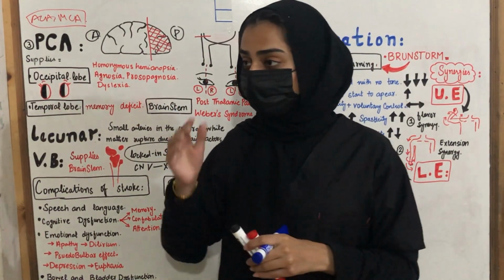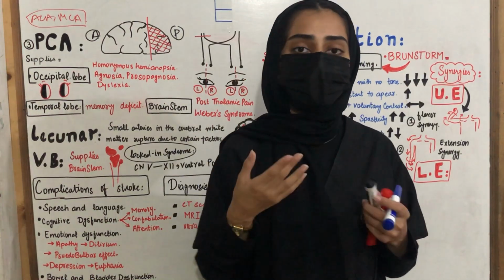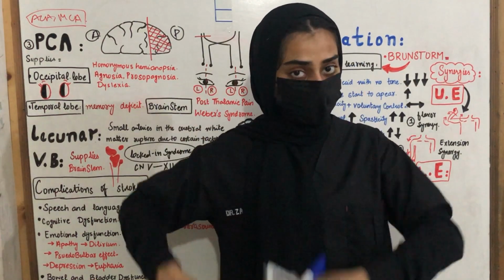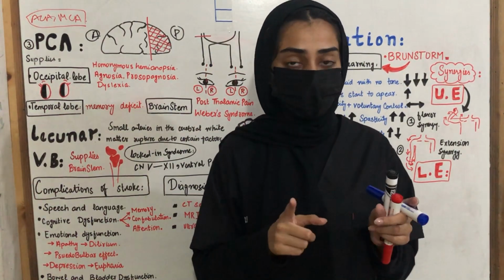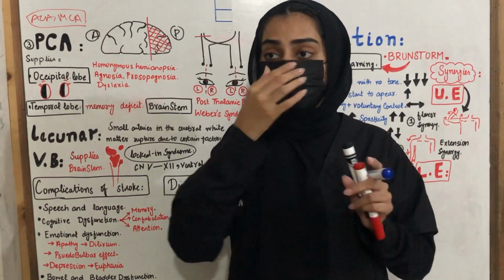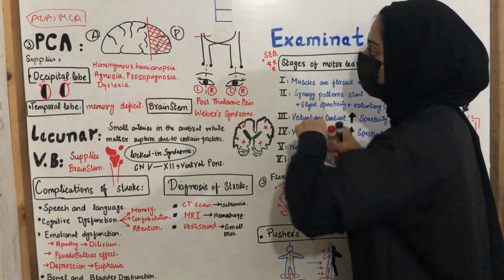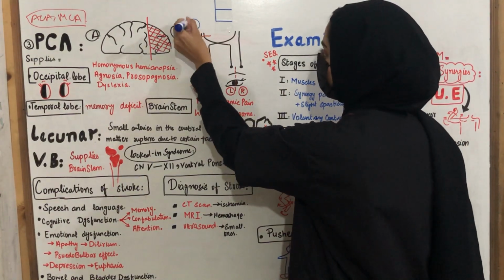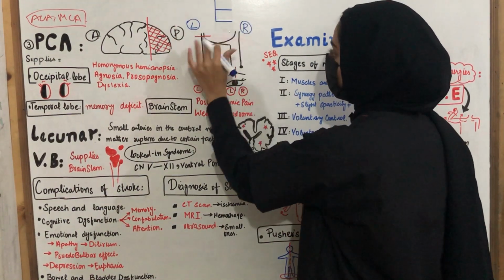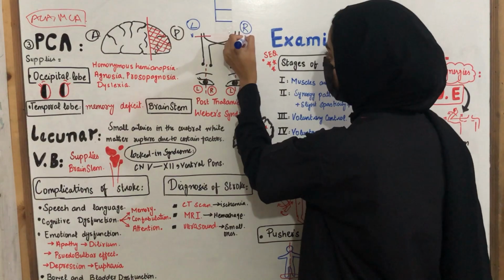Mostly we see that stroke presents on a unilateral side, not both sides, right? If you revise neuroanatomy a little, we have the left side and the right side, and there are two branches of the optic nerve.